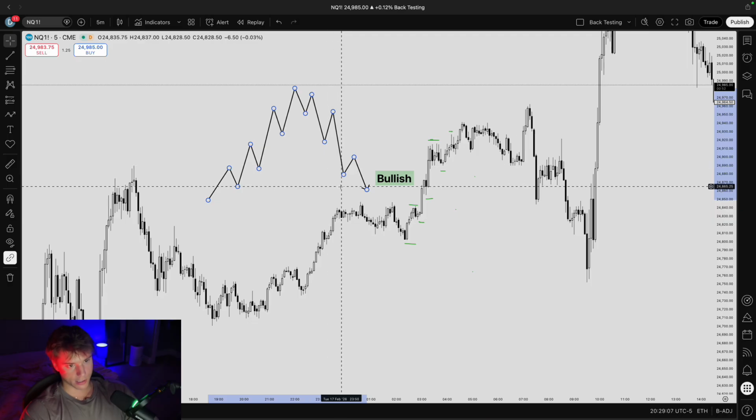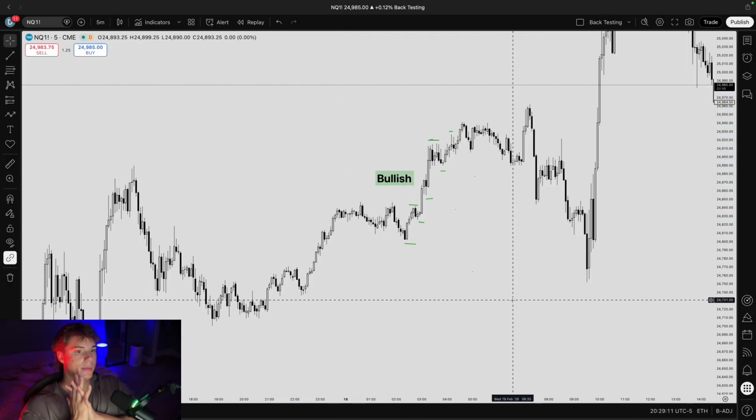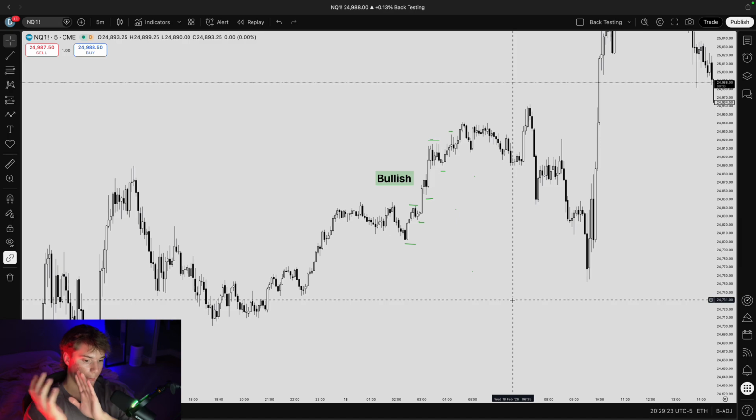And that's pretty much how simple it is. I know it might be confusing at first, but it's going to be super important for you. Your homework tonight is going to be go on TradingView, and I want you to mark out and identify bullish and bearish trends first of all. Get some practice, more practice on that.